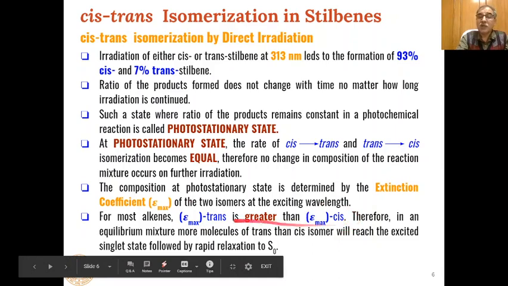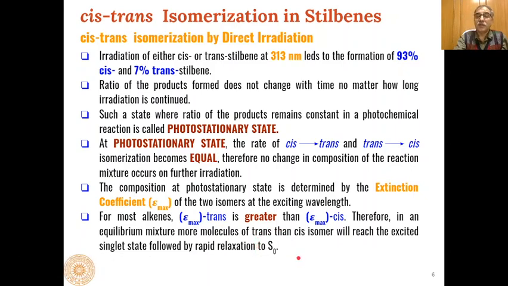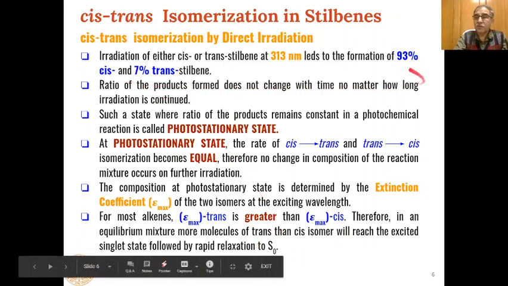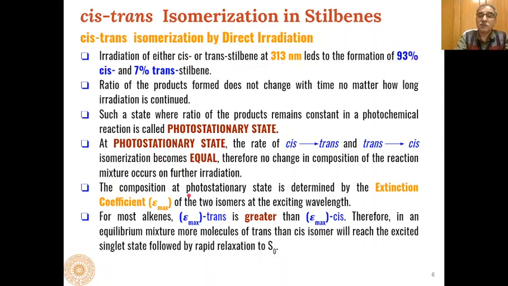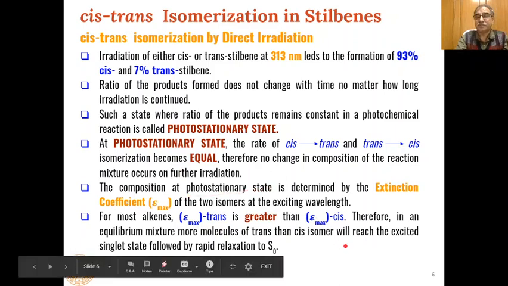That is why, in an equilibrium mixture, more reactant molecules of the trans than the cis isomer reach the excited state. And because more trans isomers reach the excited state, more of trans undergo rapid relaxation to the S0 state. That is why the product formed has more cis product, that is 93%, because relaxation in the case of cis will be less as compared to trans.